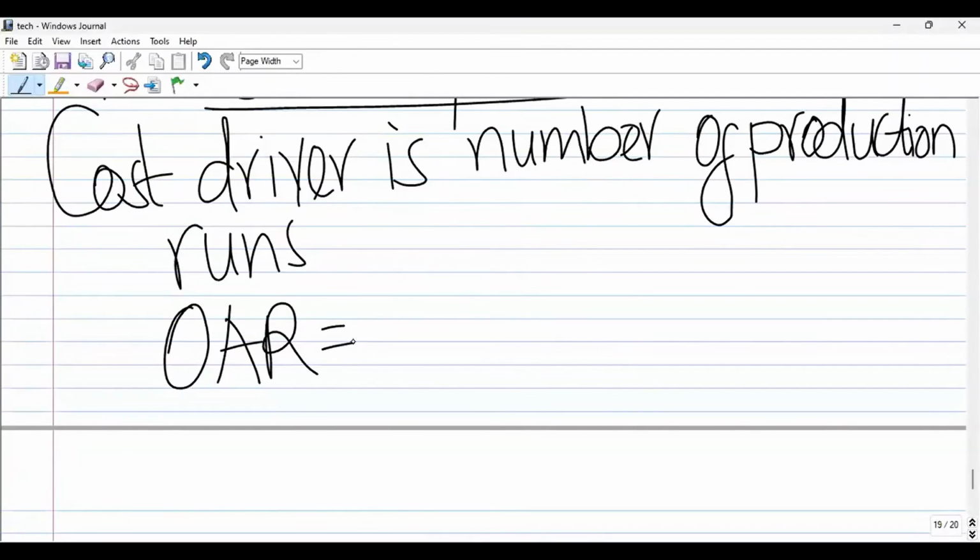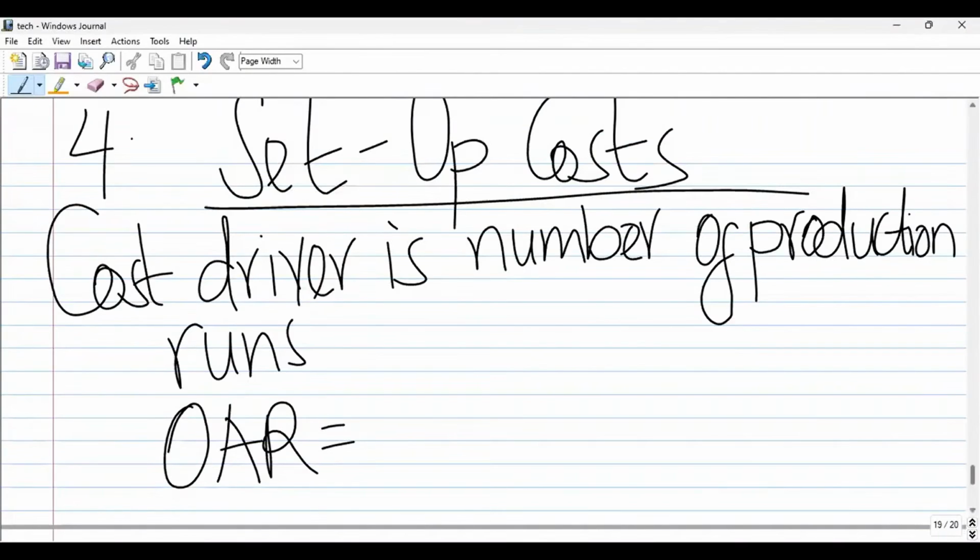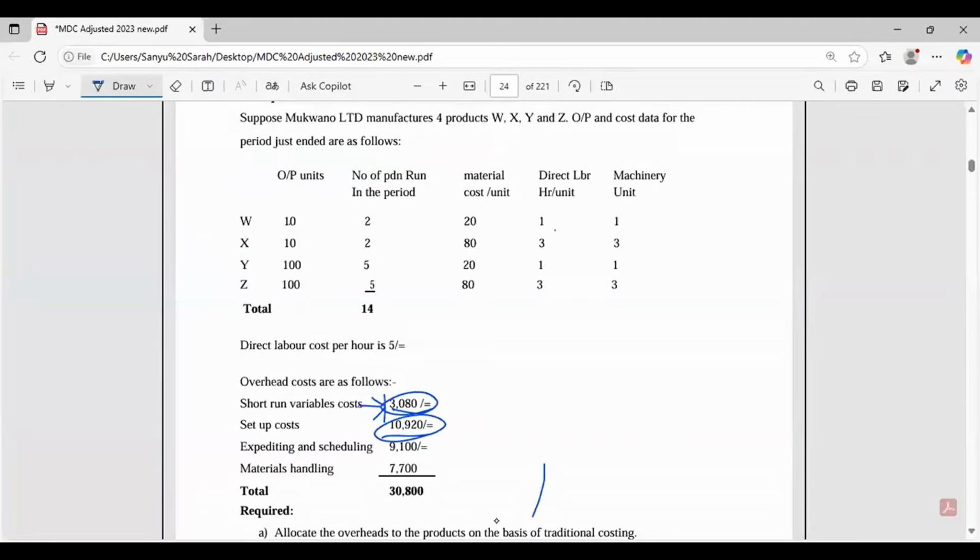So come and compute. The OAR will be the cost we are apportioning. Remember, we are apportioning setup costs. So we see how much of the setup costs we've been given: 10,920.